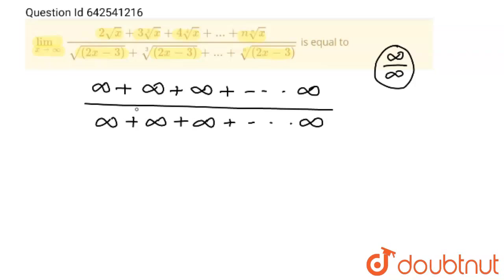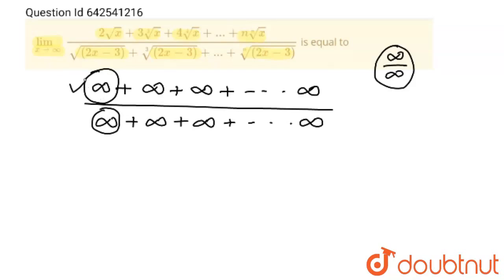So we need to find which infinity is larger. If you see, this infinity is larger because this is only a square root infinity and this is a cube root infinity. So a square root infinity will be greater than a cube root infinity, and a cube root infinity will be greater than a fourth root infinity. Okay, so this is the larger infinity. And similarly in the denominator, this is a square root infinity, so this will be the larger infinity.